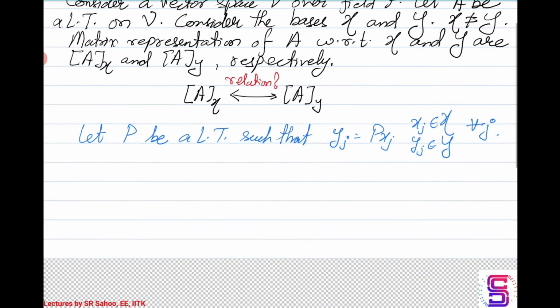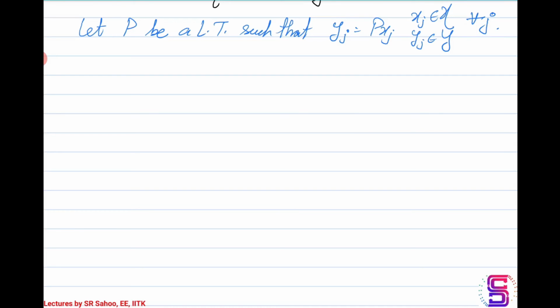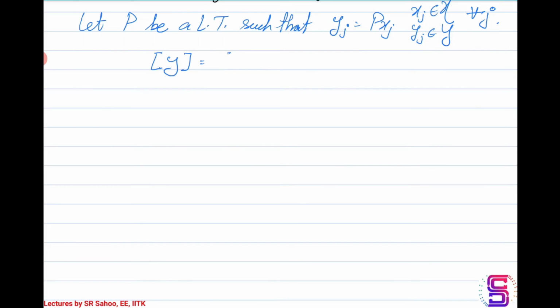So what is this essentially saying? That basis Y is Px times X. We just discussed how this comes up.